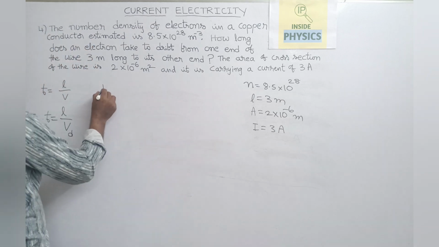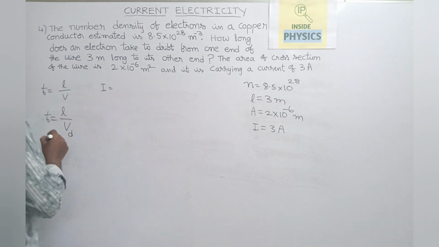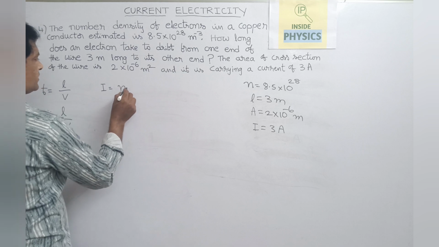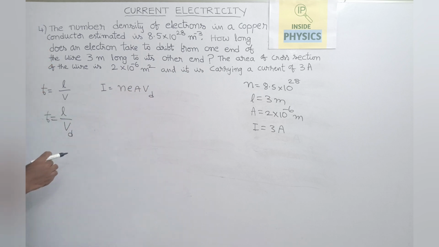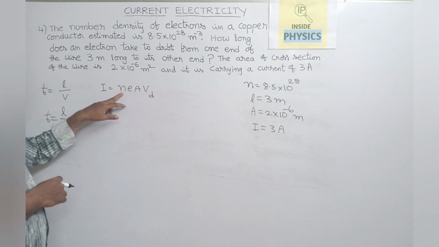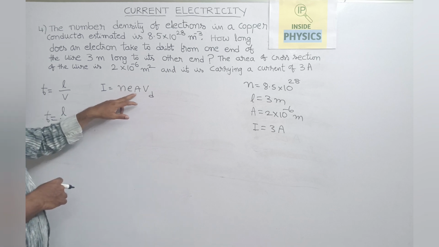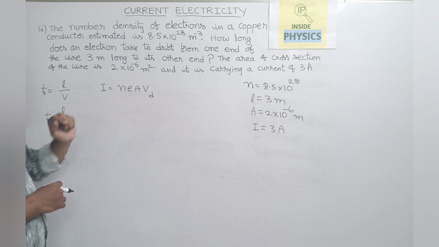Here we know a condition for current flowing through a conductor, which is nothing but I equals N E A Vd. We will see what are the terms: N number of electrons per unit volume, E electron charge, A area of cross section, Vd drift velocity.